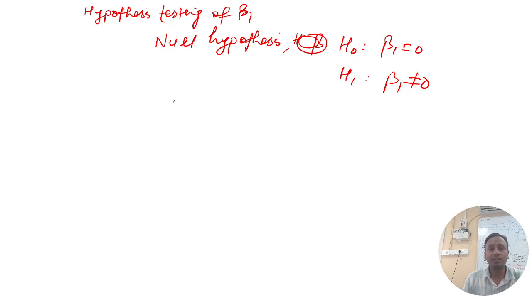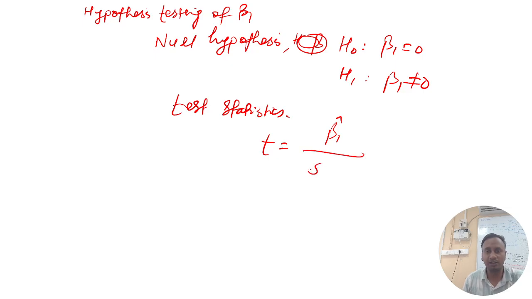Then we'll go with the test statistic, and in this case it will be the t-test. So beta 1 divided by the standard error of beta 1. I will tell you how to calculate it now.